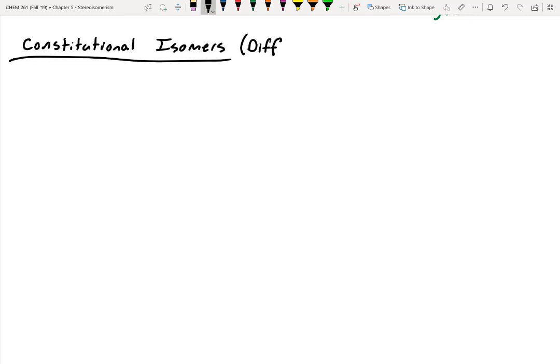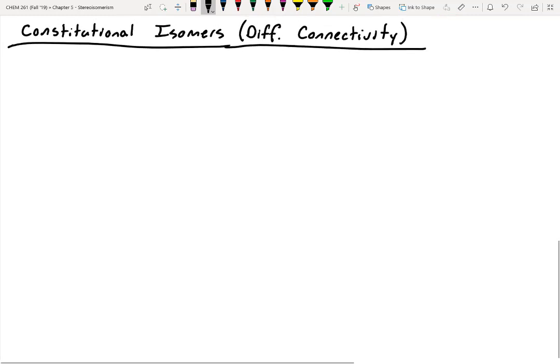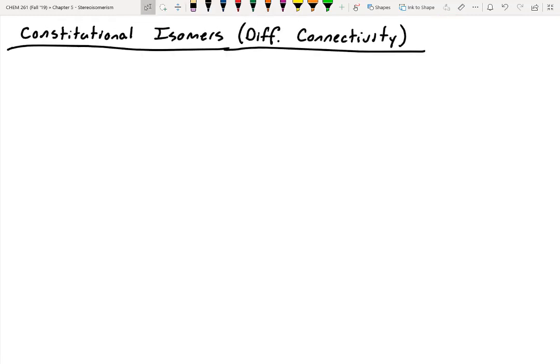So let's identify this. Constitutional isomers have completely different connectivity. Do you think they're going to have the same physical properties or different physical properties? And by physical properties, that could be melting point, boiling point, things like that. Different, absolutely.